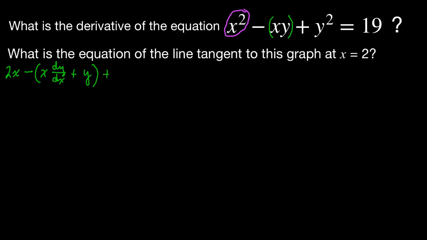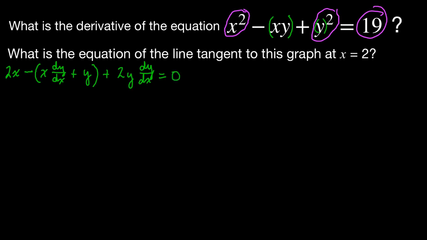Now we have plus, and then the derivative of this term is 2y, but then remember the chain rule because it's like having this y in parentheses here. So this would be times dy/dx equals, and then the derivative of this is 0.